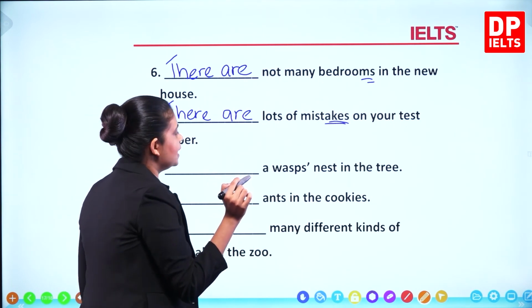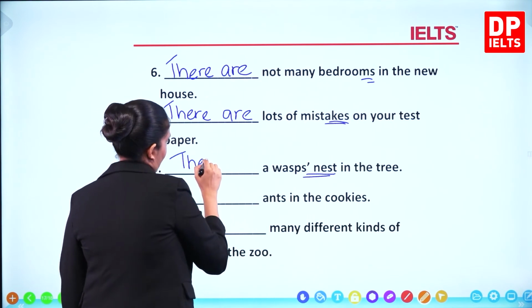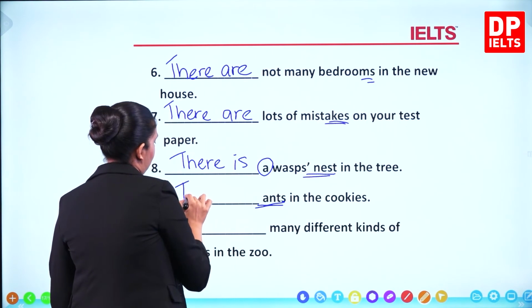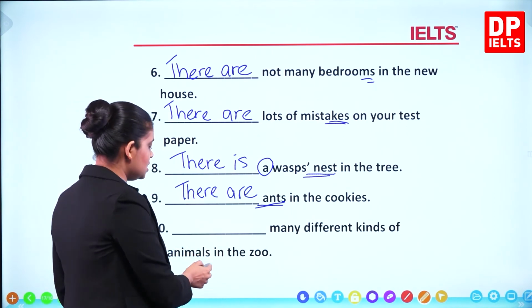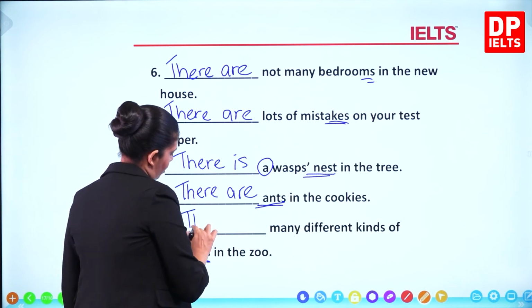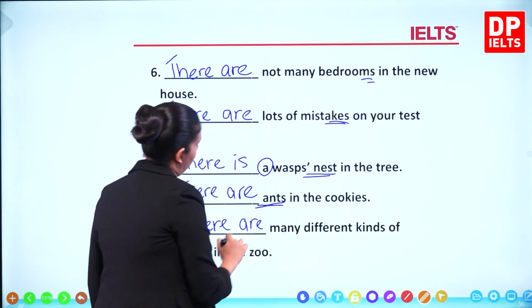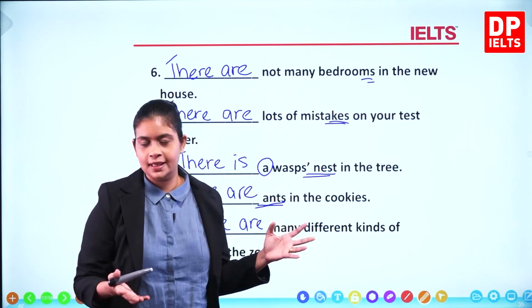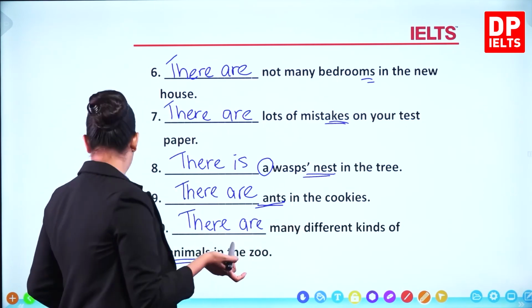A wasp's nest in the tree, right? So there is a wasp's nest. There are ants. There are many different kinds of animals, plural. There are. So if you can see, there is used with the singular ones. Plural ones we use there are.